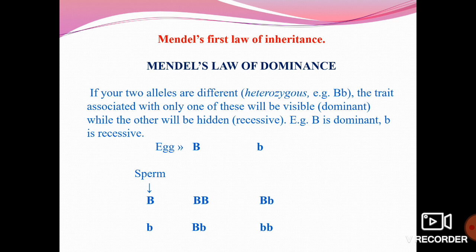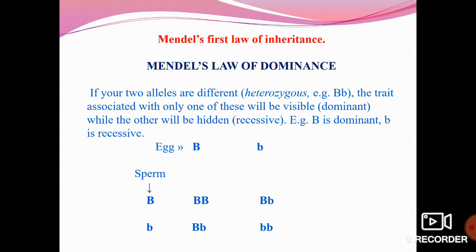After some time, he thought that the tall should be a pure tall and the dwarf should be a pure dwarf. He set up an experiment where a pure tall was bred with a pure dwarf plant.